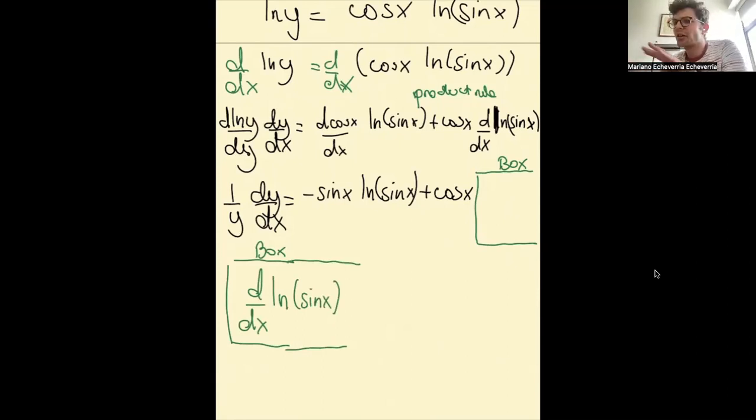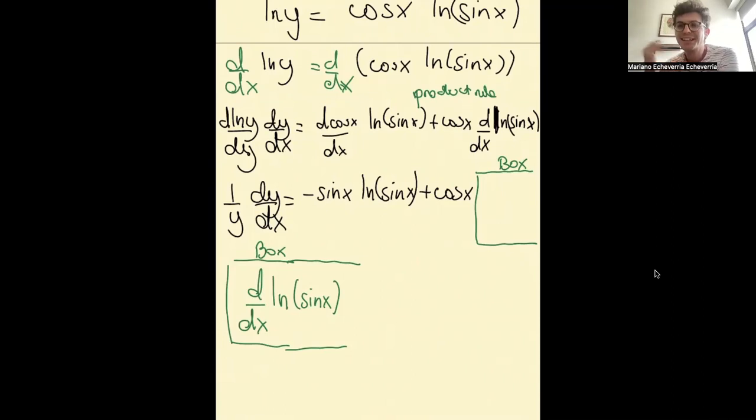Close, but not quite that. It is similar to that, but not that per se. Any other guesses? Well, actually, that one also is not it.